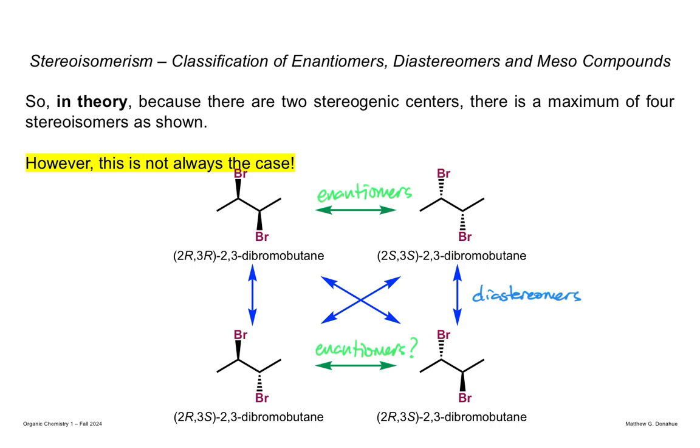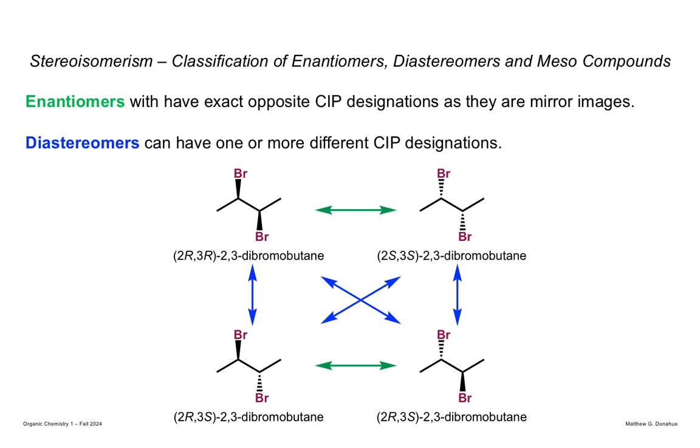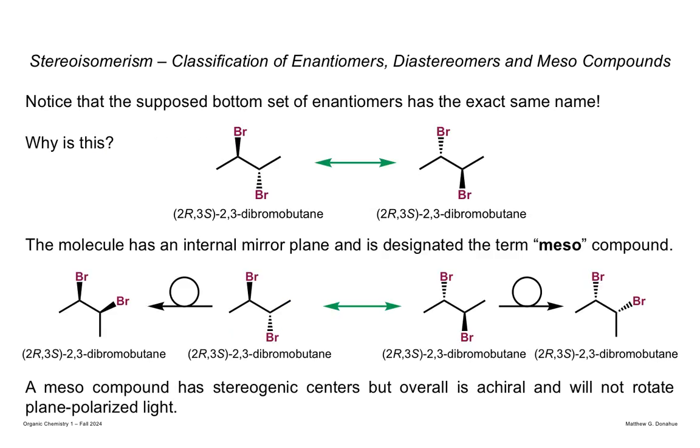Are they mirror images to one another or not? So I don't think I need to belabor this slide anymore. It says, notice the supposed bottom set of enantiomers has the same name. And again, that's this designation here. If you put that dot and rotate it 180 degrees, you see they exactly map onto one another.